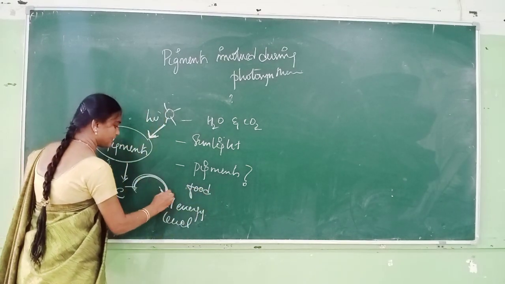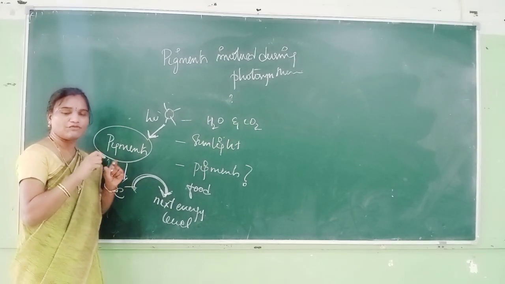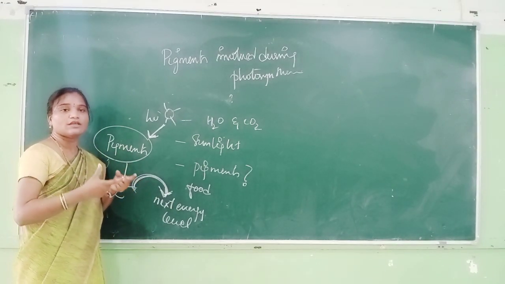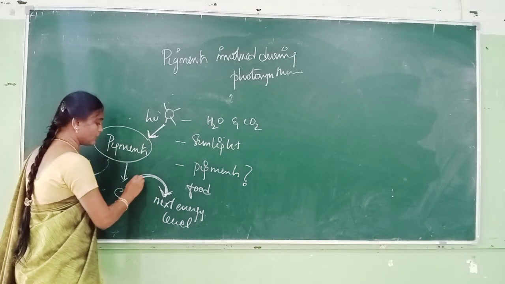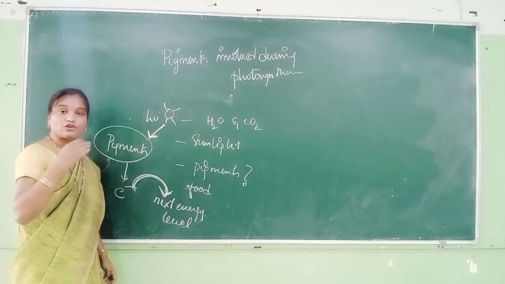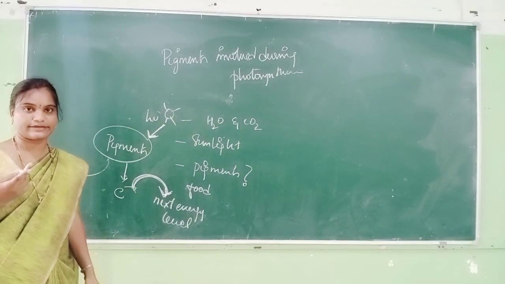So this light reaction and dark reaction, what we learned in the last session, we will be discussing in the coming sessions. But up to here you have the knowledge that photosynthesis takes place as a two-step process, light reaction and dark reaction, right?